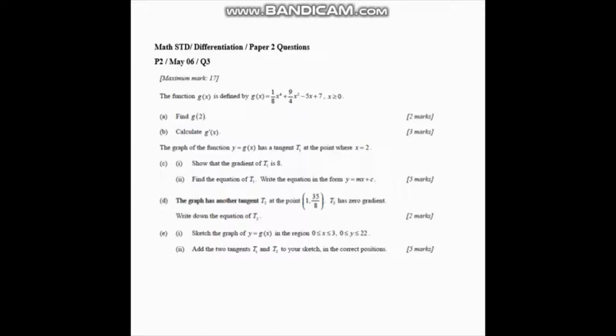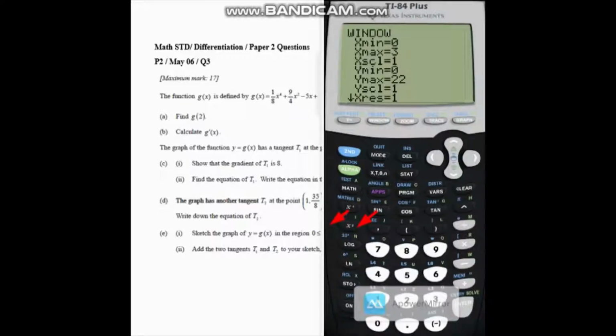Next, in question E, I'm required to sketch the graph of y equals g of x in the region 0 less than x less than 3 and 0 less than y less than 22. So I shall adjust the window on my calculator accordingly. I have modified the coordinates on my window, and I shall then click on trace.